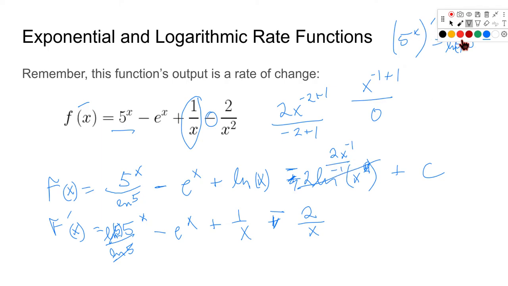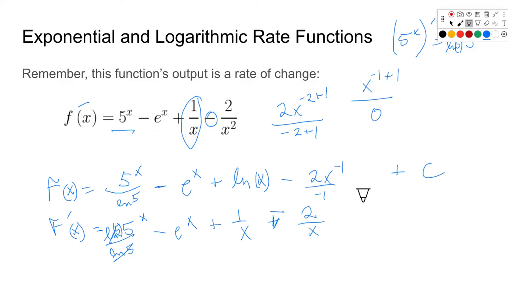So we're going to need to clean up here a little bit. Let's try that again. So 2x to the minus 1 divided by negative 1. There's that negative.